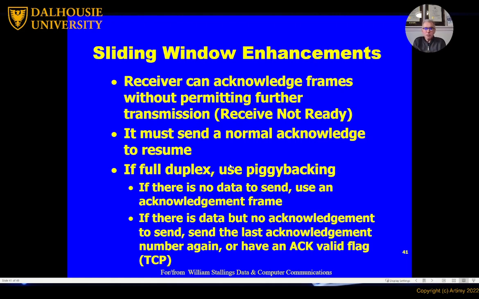So I mentioned, and you can see the RR. So the RR is used to indicate a normal acknowledgement, right? So it stands for receive ready. So if I am acknowledging a frame and I'm saying give me another frame, I send RR, receive ready, to avoid a situation as before where the receiver does not want to receive any more packets, so it stops the acknowledgement.